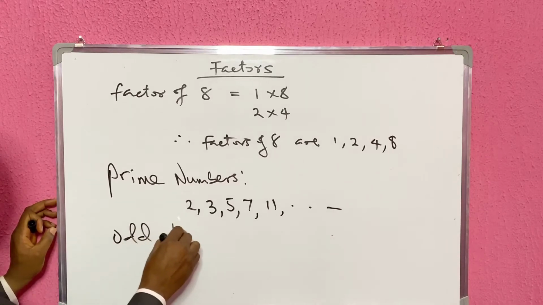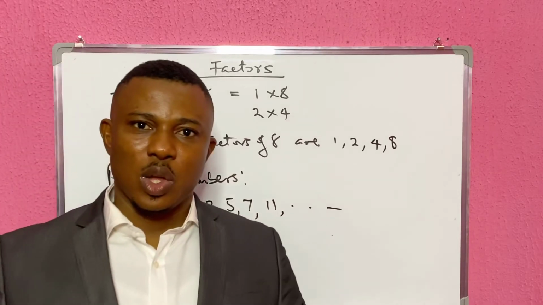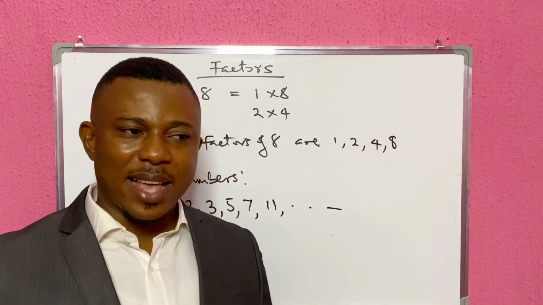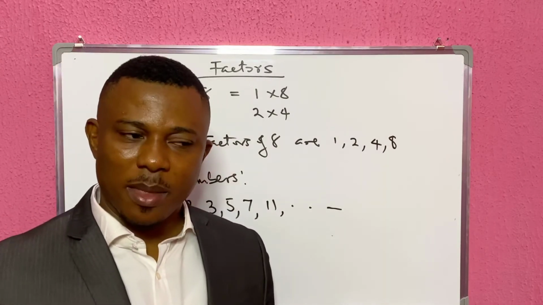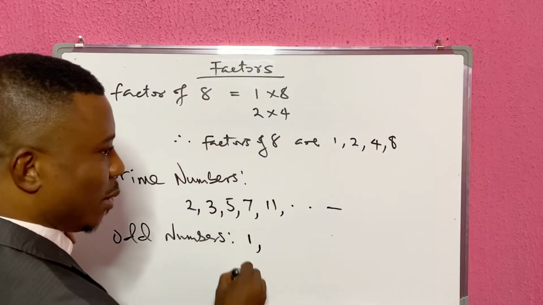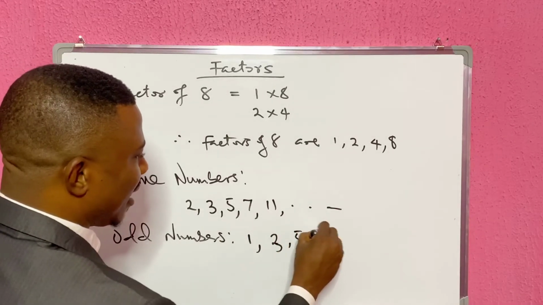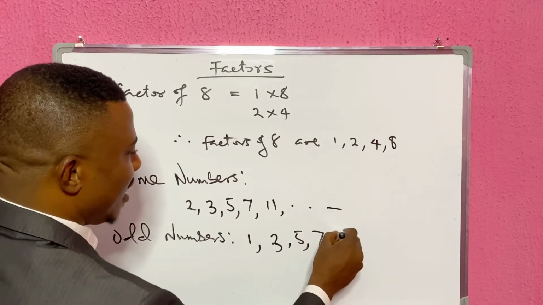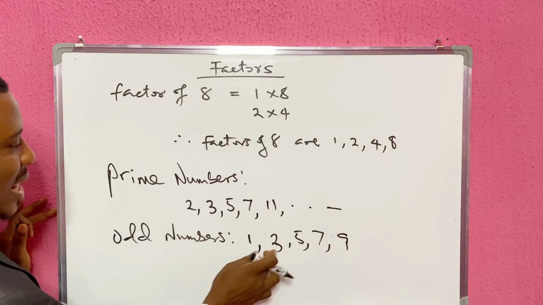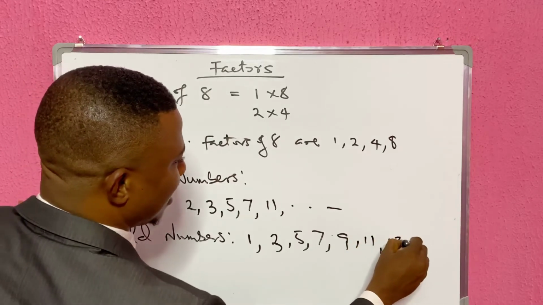Odd numbers. Odd numbers are those numbers that 2 cannot divide without a remainder. For example, 1 is an odd number, 3 is an odd number, 5 an odd number, 7 an odd number, 9 is an odd number because 2 can't divide it, 11, 13, and so on.